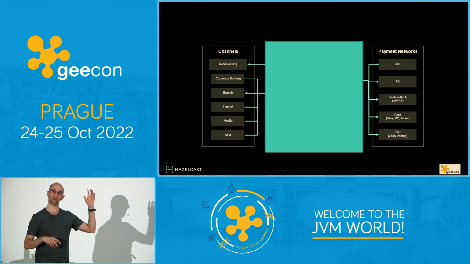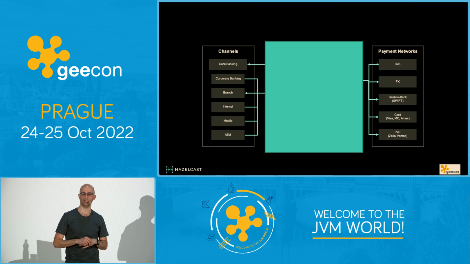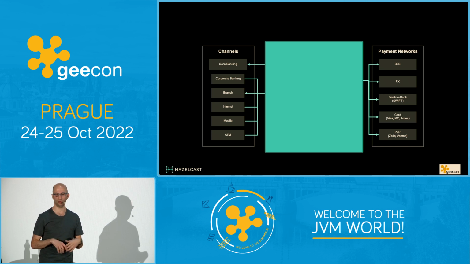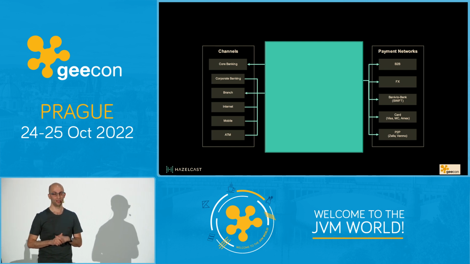So this is where the channels come from on one side. And we also have another part of this story, which is the payment networks, which also cover multiple channels. So we have, for example, business to business in some cases, or foreign exchange. I come from the UK, so here I need, for example, to do some kind of money exchange. So this is also involved in fraud detection.